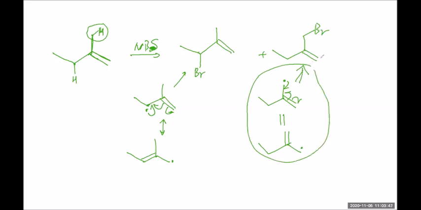Okay. All right. So how about this pair, between these two, and this radical gaining bromine becomes a halogen. That should give me a different product.